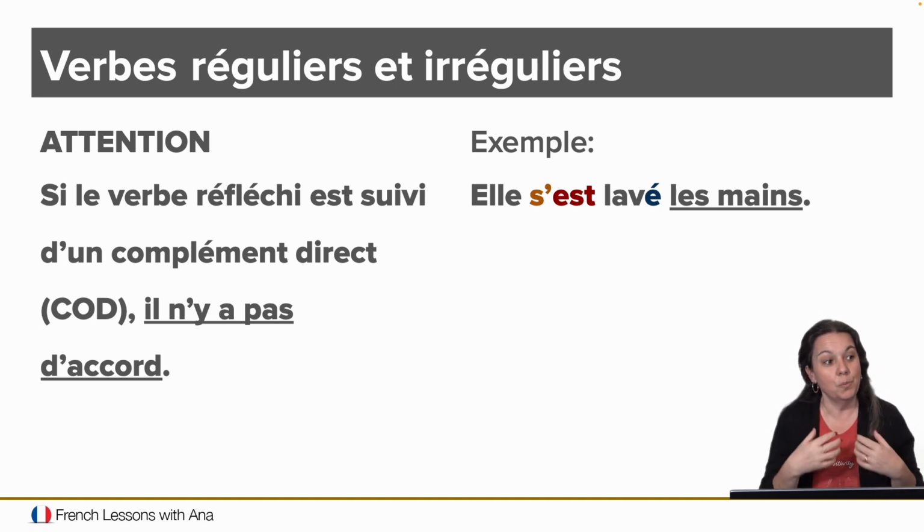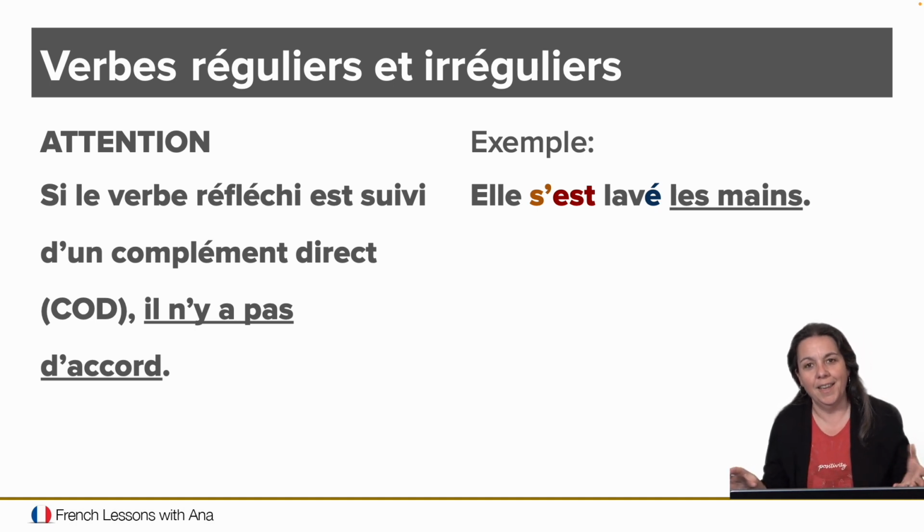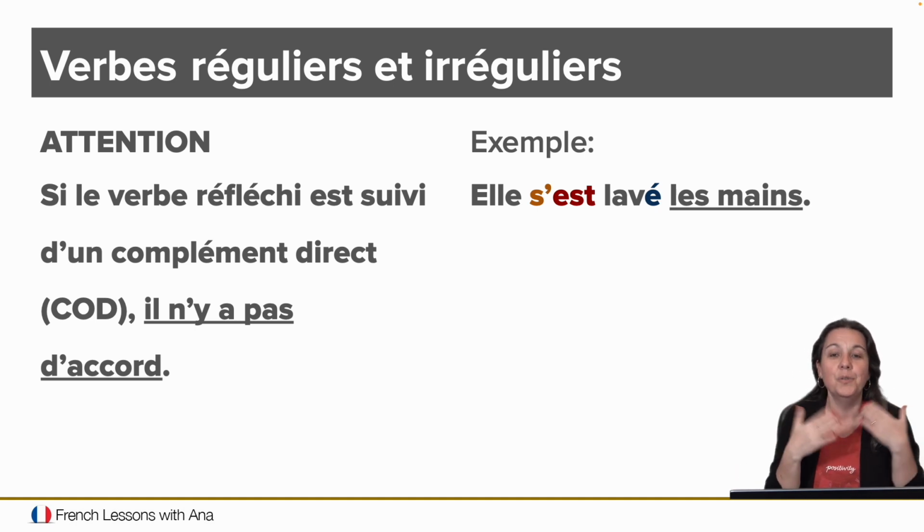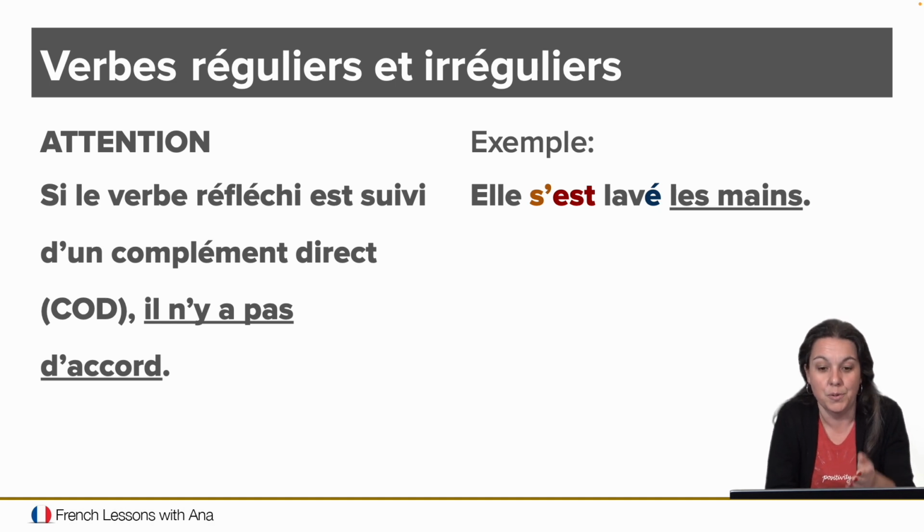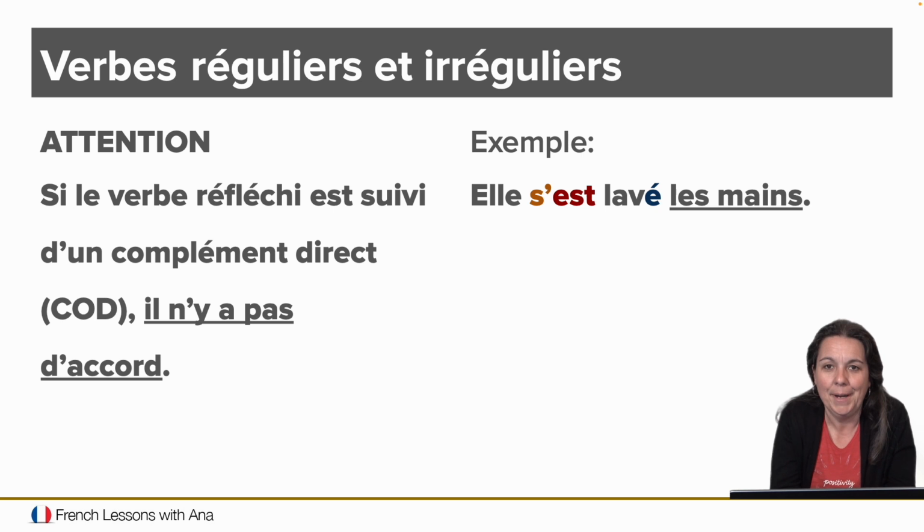So if I say je me lave les mains, the me is already saying that it's my own hands. I don't need to repeat my hands. So I wash the hands, I wash the face, even though it's my face. Je me suis lavé le visage, okay?